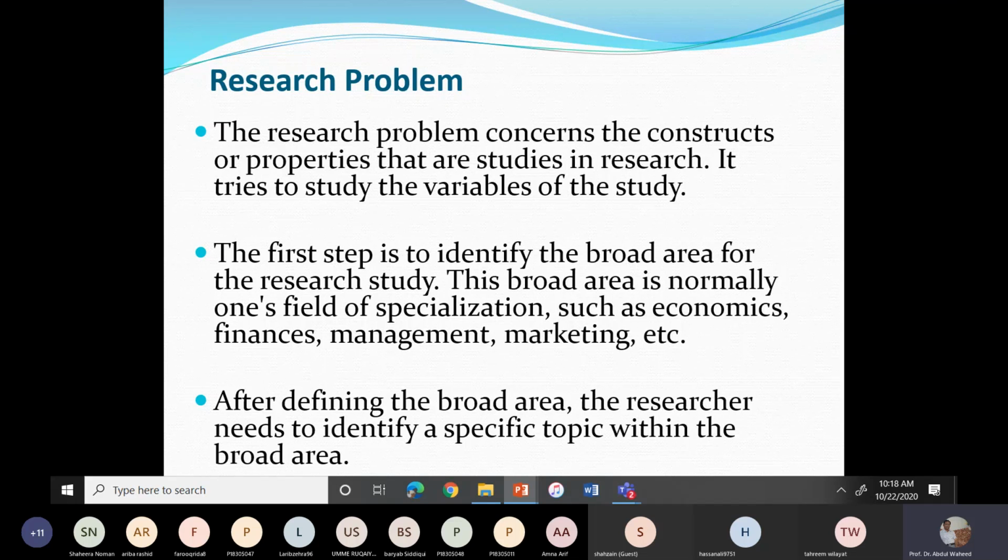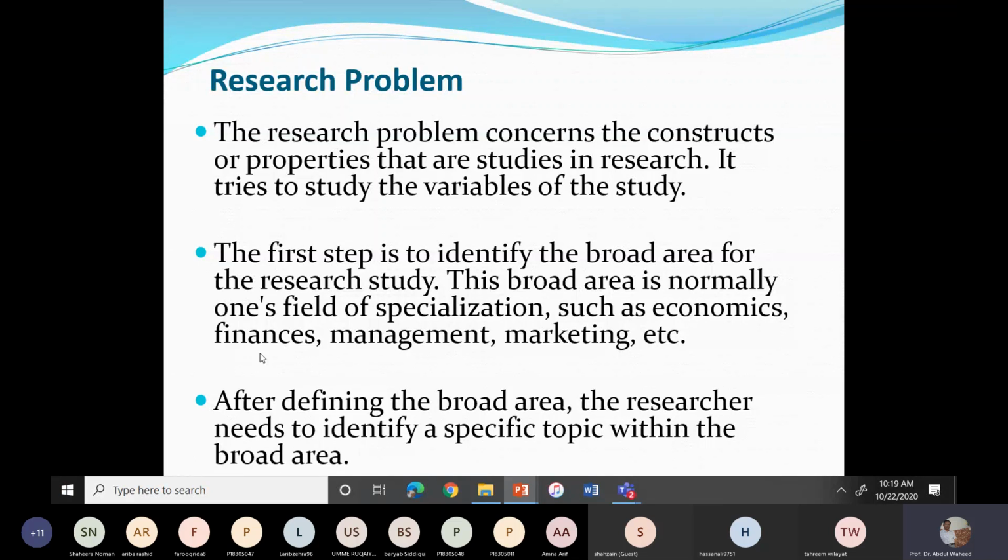And if your broad area is finance, then you will conduct research on financial deepening, or you will conduct on domestic resource mobilization, or on the saving behavior of individuals.